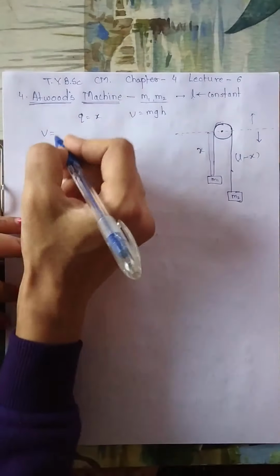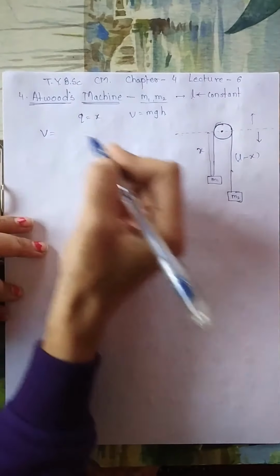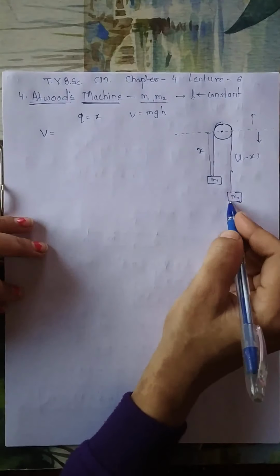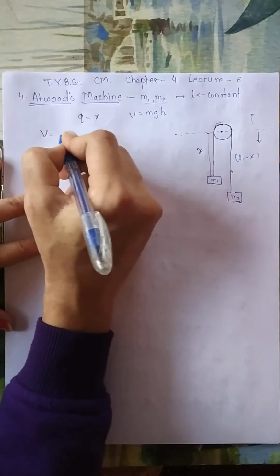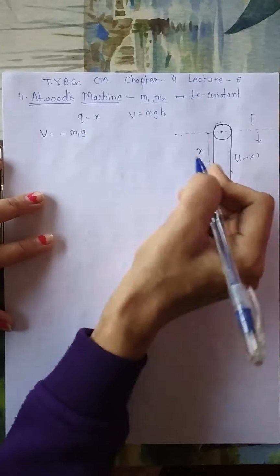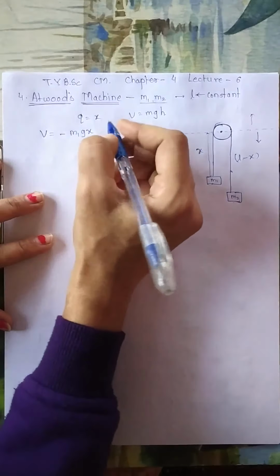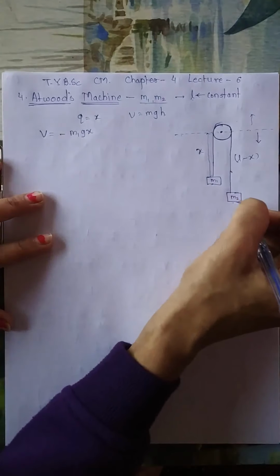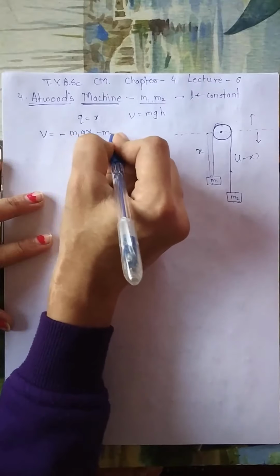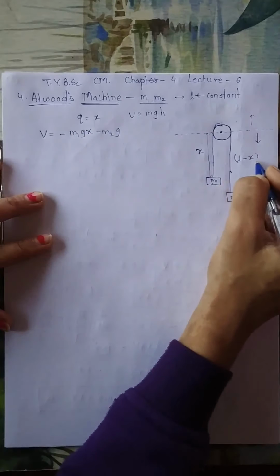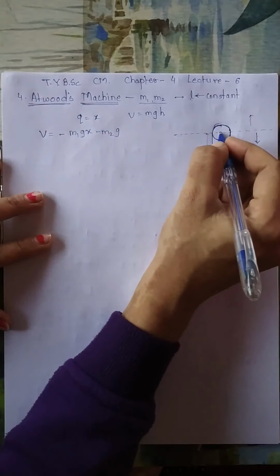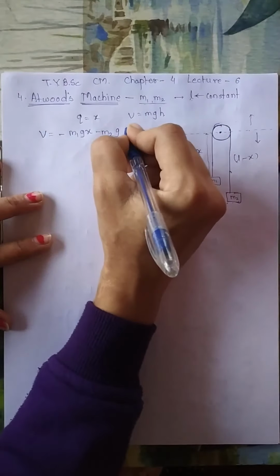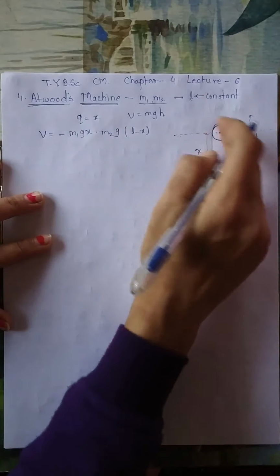Here the potential energy will consist of two terms due to the two masses, first m1 and second m2. For m1 it will be minus m1 g x, and for m2 it will be minus m2 g, and the distance of m2 from the point of suspension is L minus x. So this is the potential energy for this system.